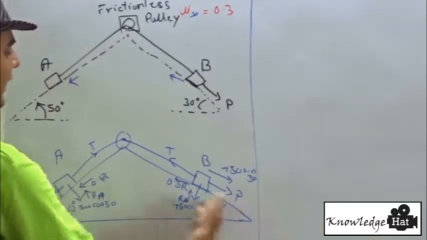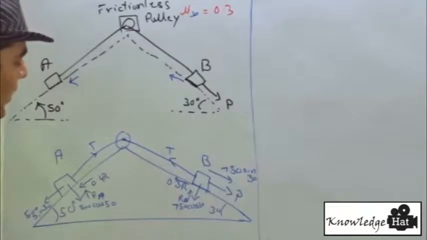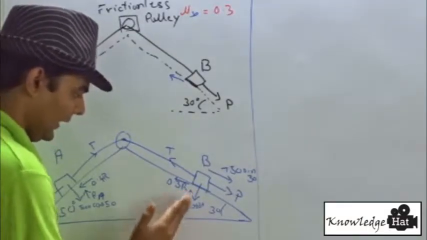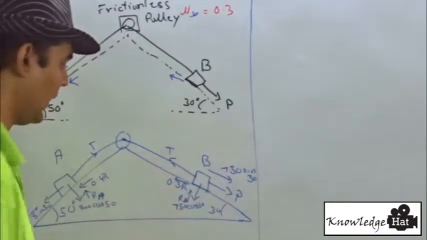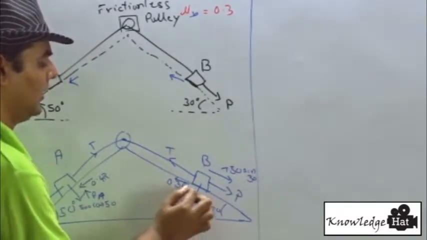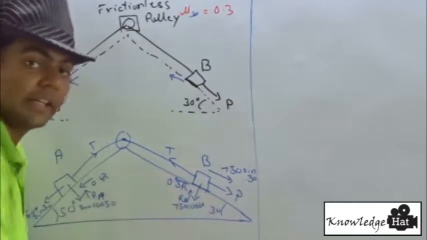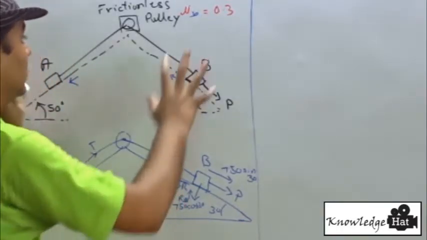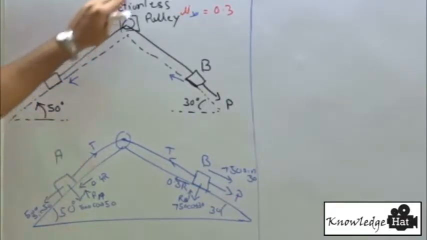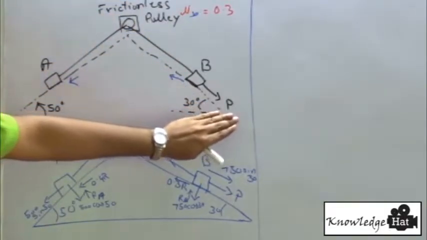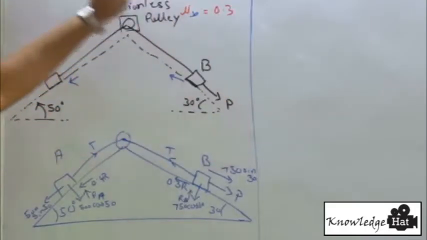These two angles are 50 and 30 degrees respectively. RB is the reactional force acting on block B, and 0.3 R is the frictional force which is acting in upward direction for block B. So this is what we interpret from the question. We have to find the force P which is asked in the question.